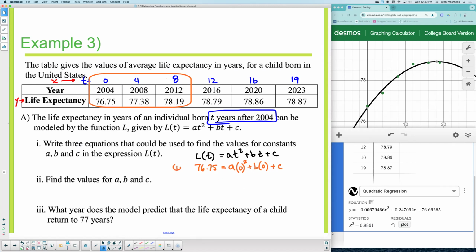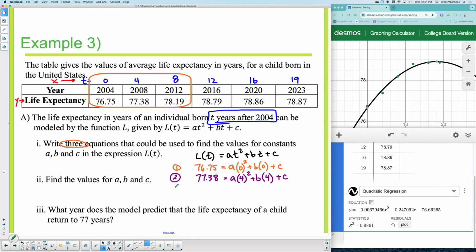There's one equation. How many do I have to write? Not 2 this time. What does it say right there? 3. We're writing 3 this time. So there's my first point. My second, 77.38 equals A times 4 squared plus B times 4 plus C. Again, don't simplify. And when you substitute, use parentheses.